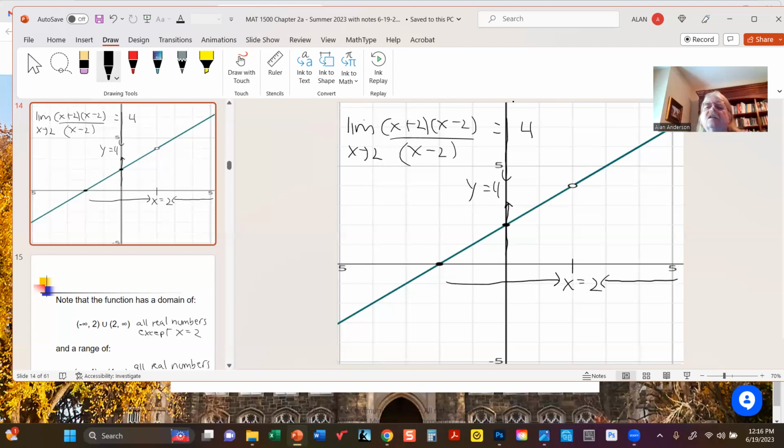And therefore, we say that the limit of this function when x approaches 2 is simply equal to 4. So even though there's a hole here, the limit is still 4, because we're never quite touching 2. We're getting close, but not quite reaching it. And therefore, y gets really close, but never quite reaches 4.